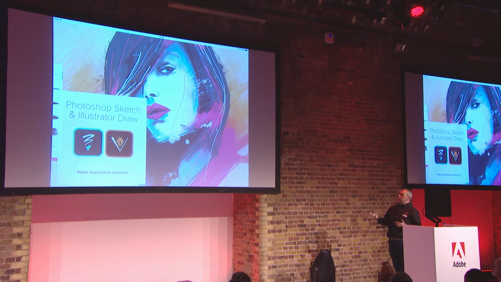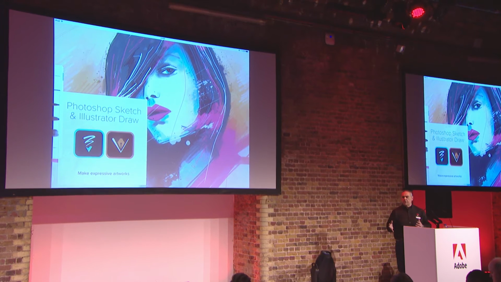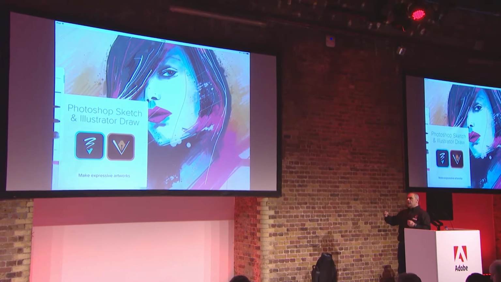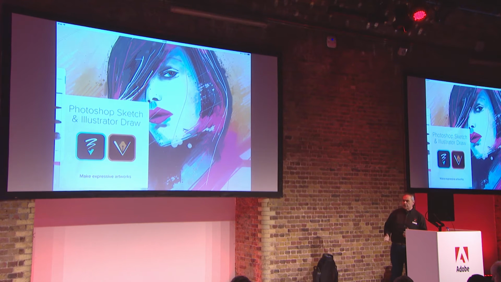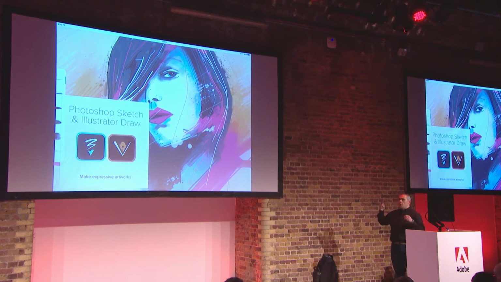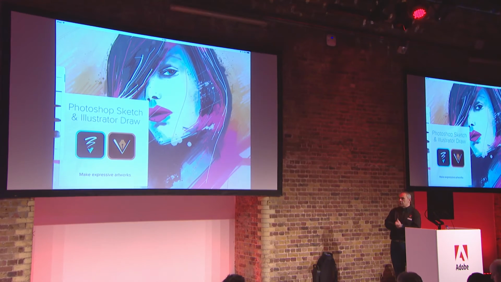So these are the sketching apps, Photoshop Sketch and Illustrator Draw, which allow us to create beautiful artworks, which then can come from the mobile application directly into Photoshop or into Illustrator or into any of the other applications. And you'll see some of that from me in just a minute too.